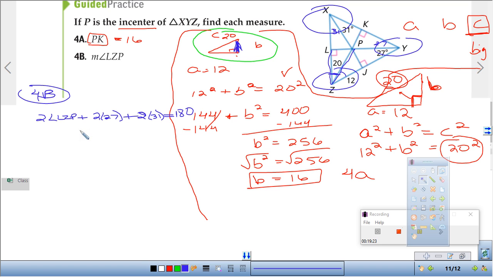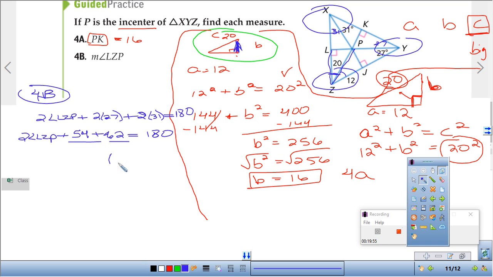This will be 54. I'm going to scoot it over a little bit. Plus over here, 62 is equal to 180. Now when it comes to this part, I still have to add up the two angle LZPs. All right. Now I'll add these two up right here.